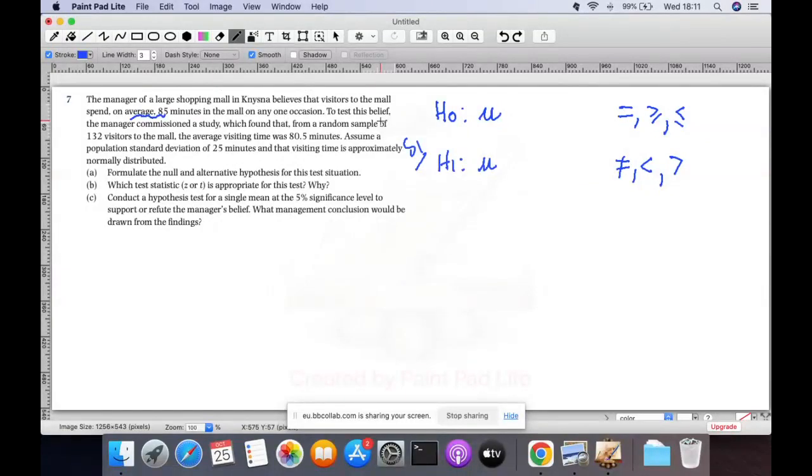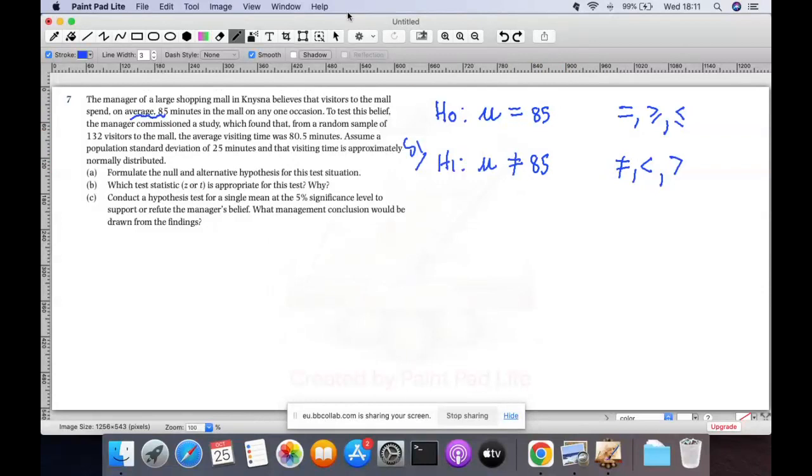It's simply just equals to 85 minutes or not. So that means we're going to use the first option, equals to, and remember the claim is the manager believes it's 85 minutes, so that's what we test. We test the claim. And then the opposite of the equals to will be not equals to.